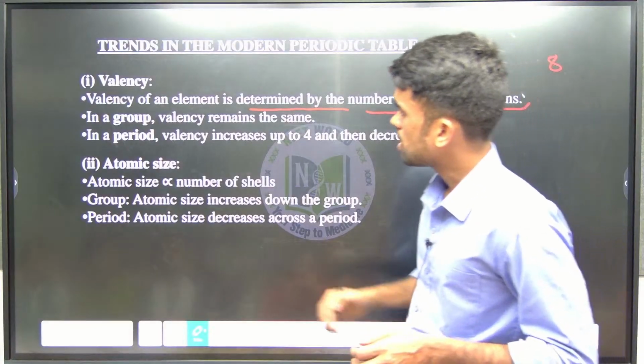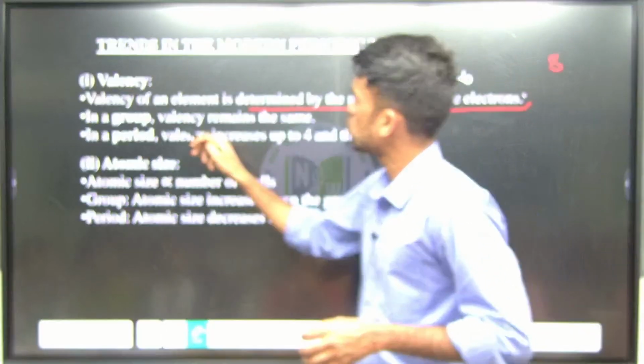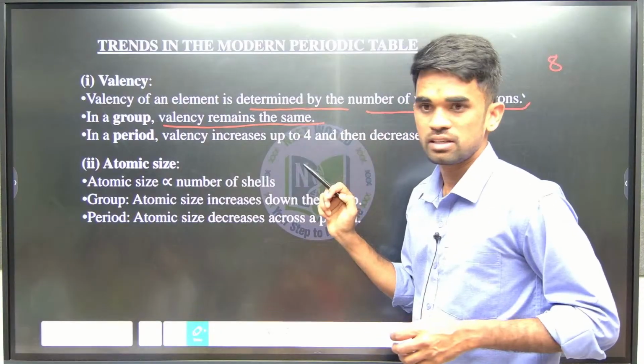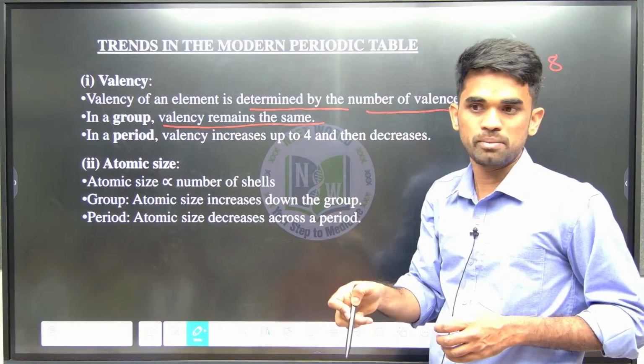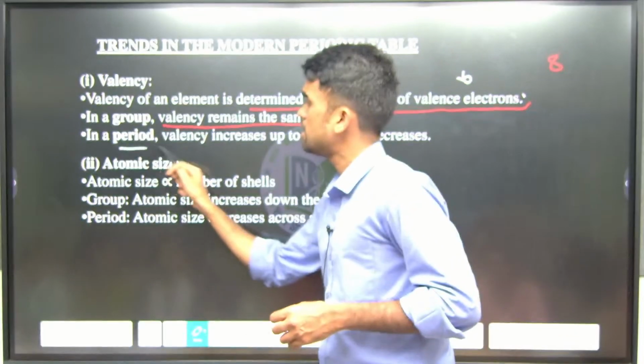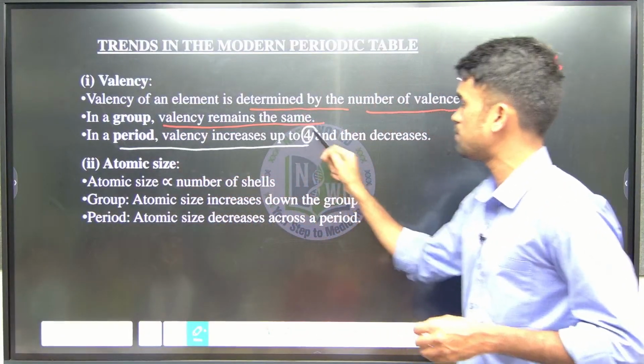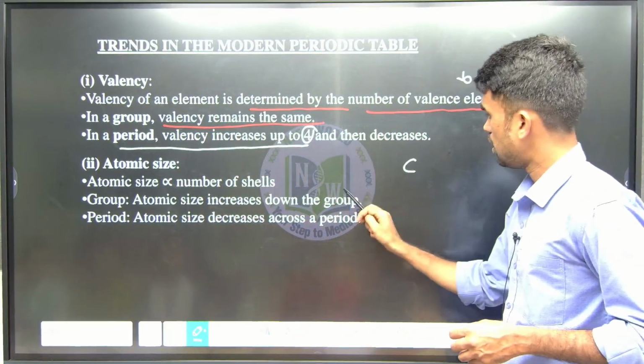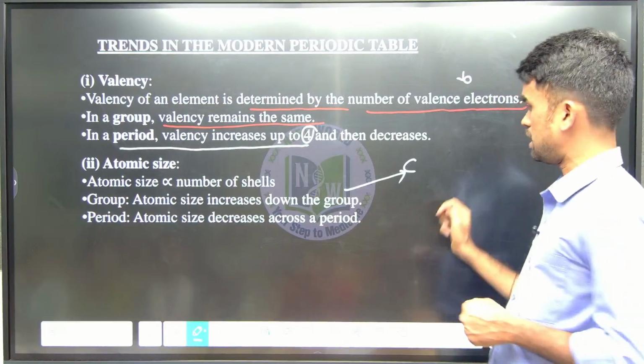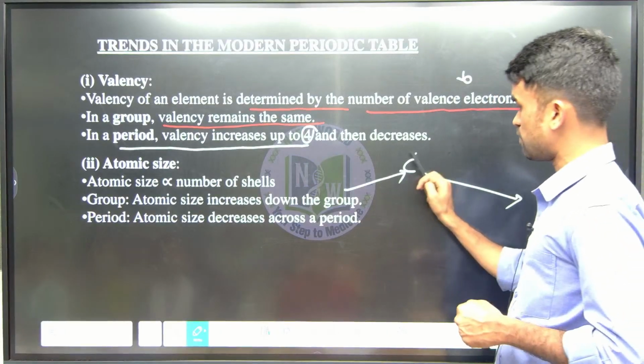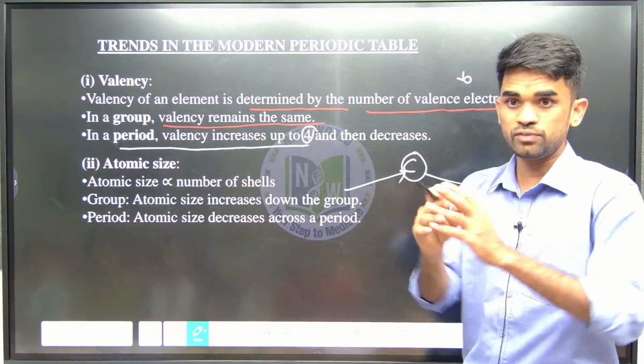Now, in a group, what happens to the valency? For all the nitrogen group elements, it is the same. But in a period, valency increases up to 4, up to the carbon family. Then again it decreases, because carbon can combine with 4 other elements.